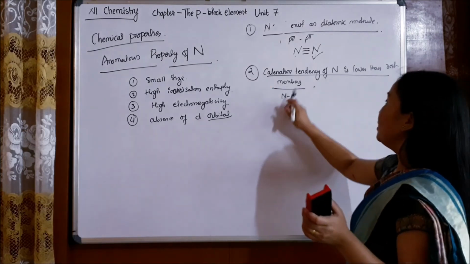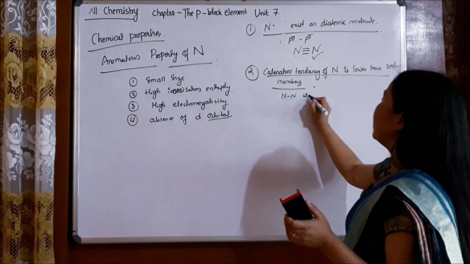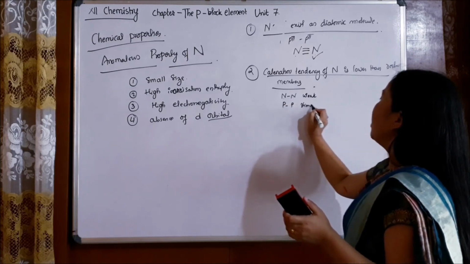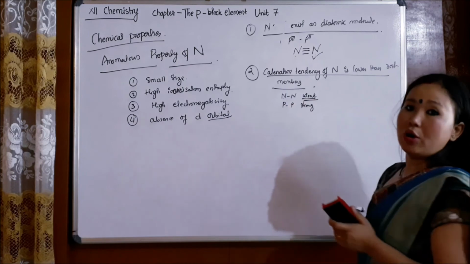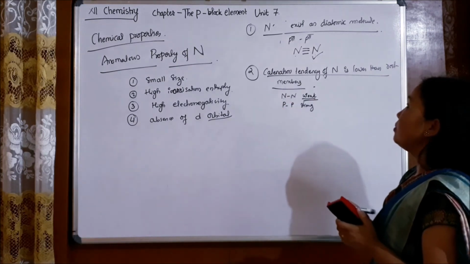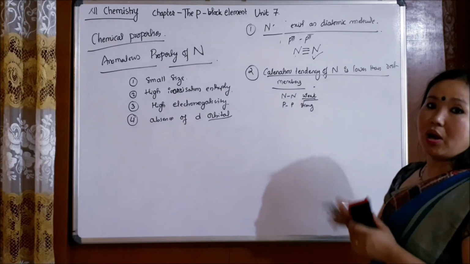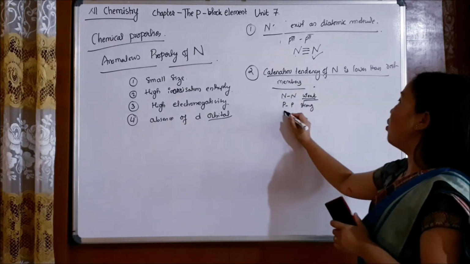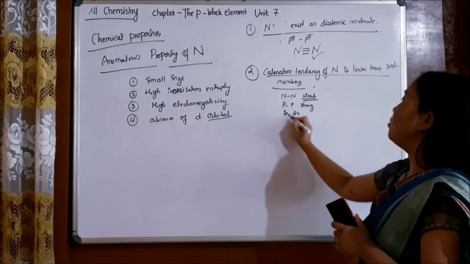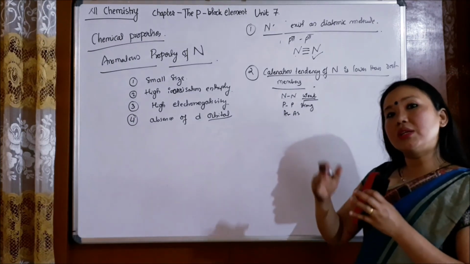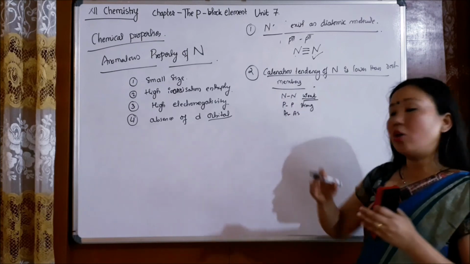But here the N-N bond is very weak, whereas the phosphorus bond is strong. Because of this weaker N-N bond, its catenation tendency is lesser than the rest of the members, where the arsenic bond, the single bond, is very strong. For that reason they can link together to form a long chain.